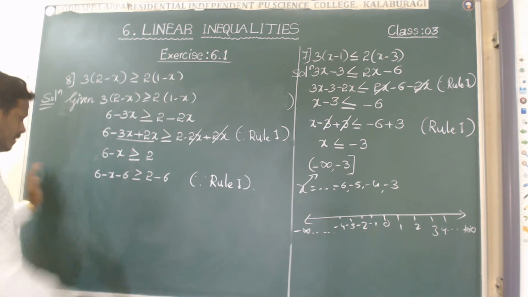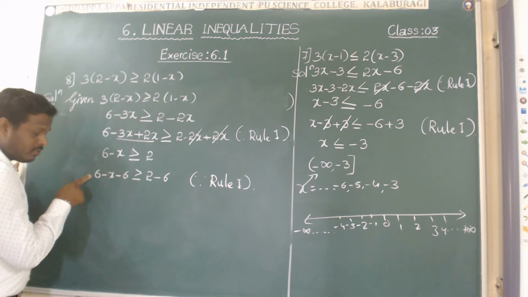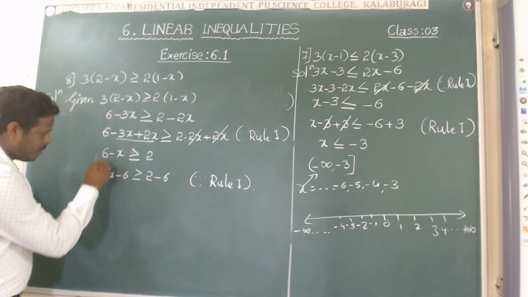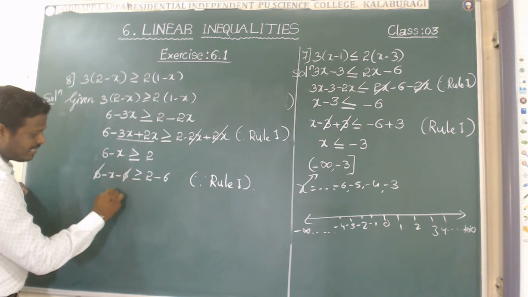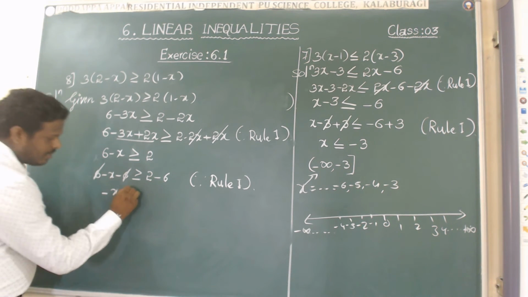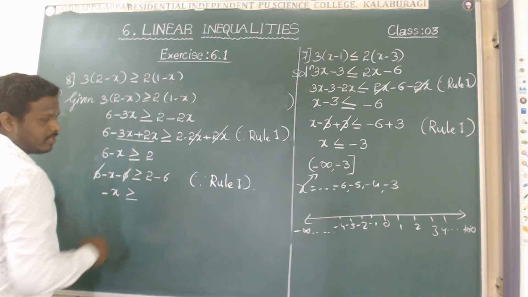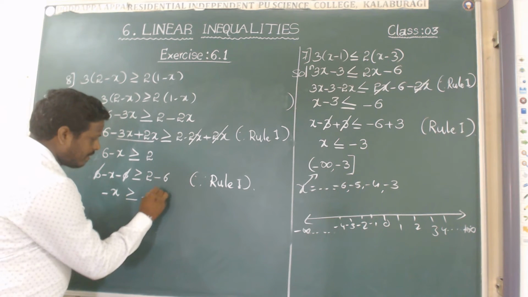Simplify again: positive 6 and minus 6 becomes 0, so minus x is left here. On the right, you subtract and you are left with minus 4.